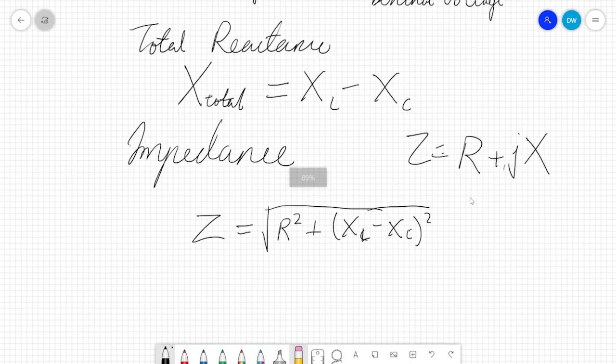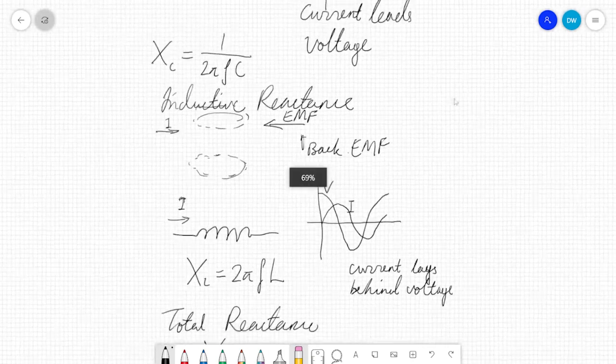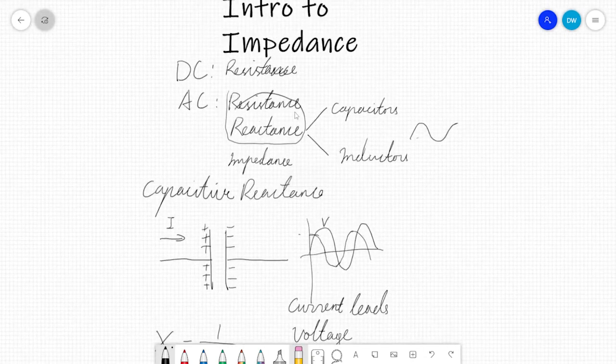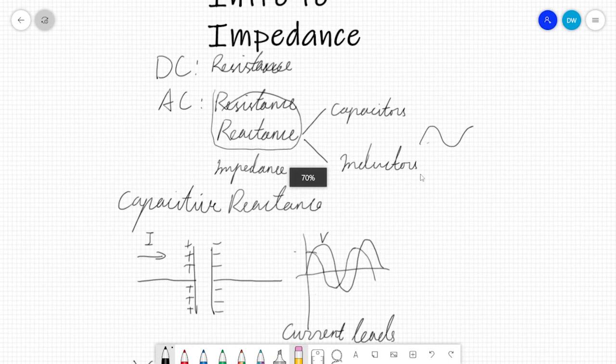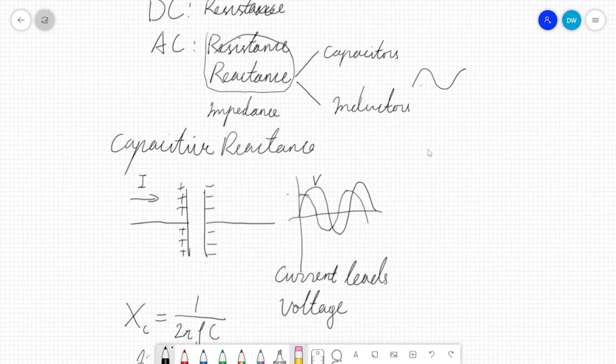So in summary, in AC circuitry, we have two sources of opposition to current flow: resistance from the parts and reactance from capacitors and inductors, as the result of the electric and magnetic fields interacting with the fluctuating voltage and current.